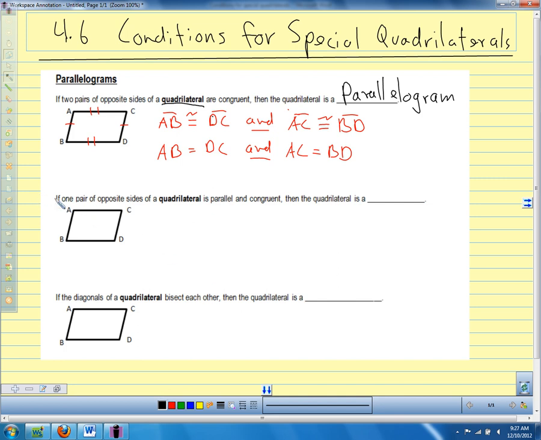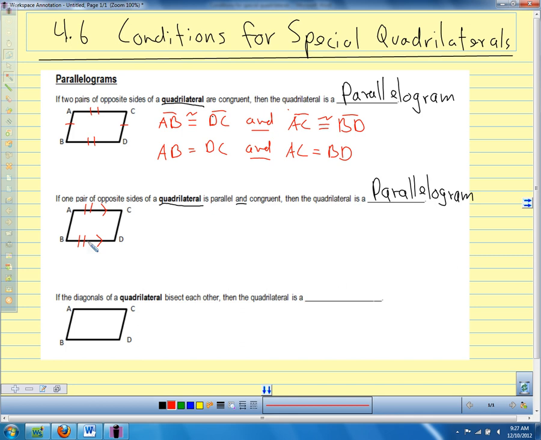Okay. Our second one: if one pair of opposite sides of a quadrilateral, so we're starting with a quadrilateral, if one pair is parallel and congruent, then the quadrilateral is a parallelogram. The way that would be marked is, we'll pick this pair. The hash marks, the tick marks, tell us that they're congruent, and the arrows tell us that they're parallel.